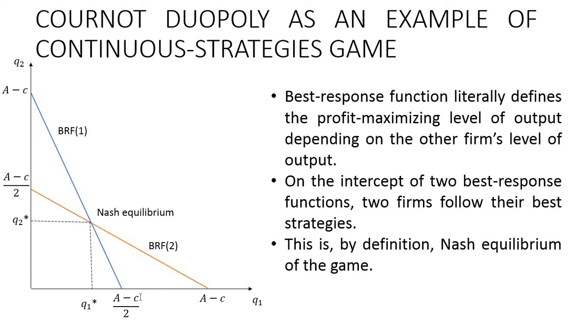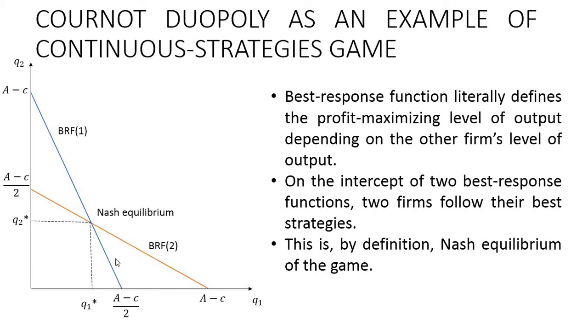So again, best response function stands for the optimal profit maximizing response to any strategy implemented by the other player. So when two firms pursue their best strategies simultaneously, being aware that other firm will do the same, by definition we have Nash equilibrium.